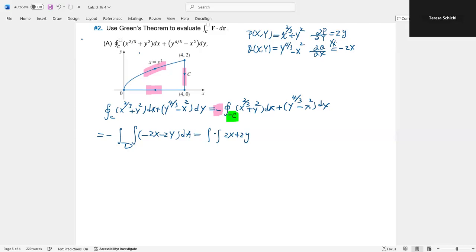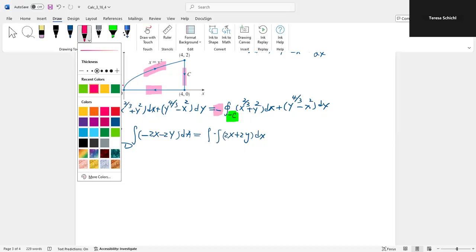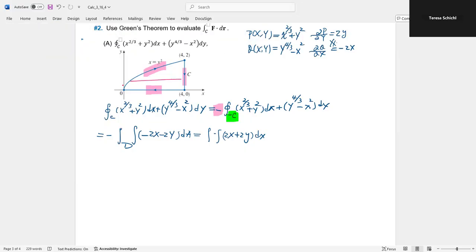It depends on whether you want to integrate x first or y first. Now let's do x first, so this is a dx here. Remember, when we integrate x first, that means I'm starting in this direction, go here, go here.